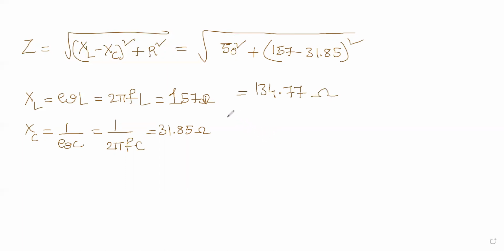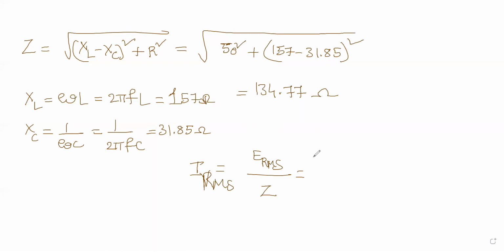Then the current I_V refers to the RMS value, which is E_RMS divided by the impedance. E_RMS is the value they are giving, 110 volts, which is called the RMS value.